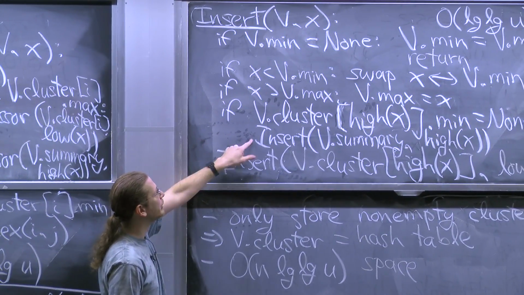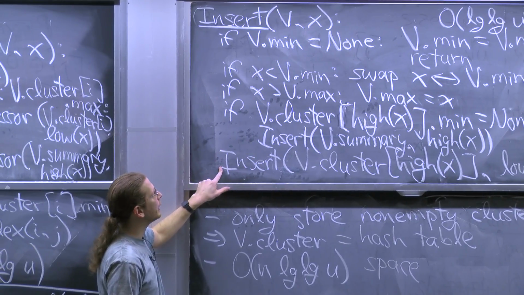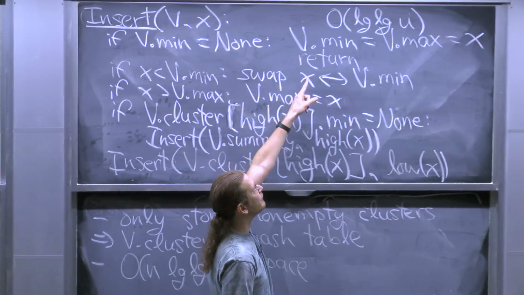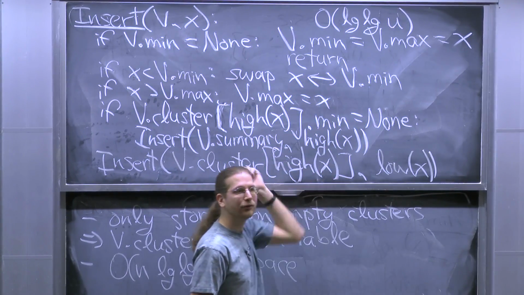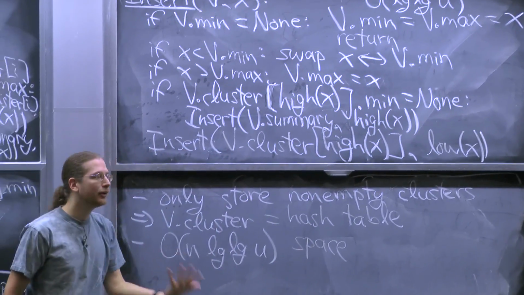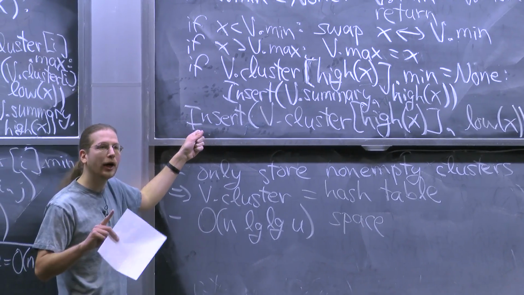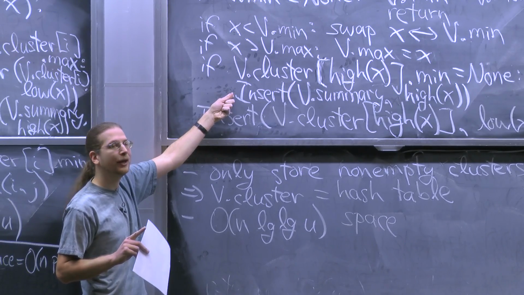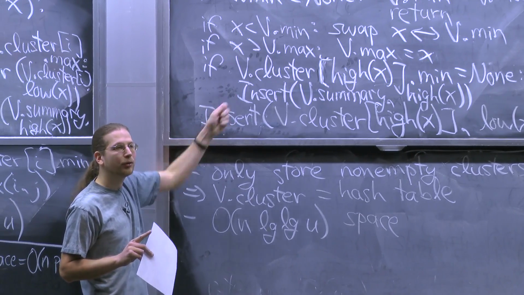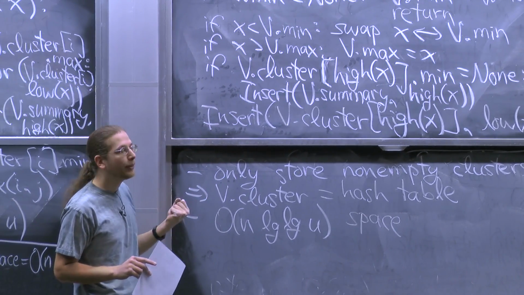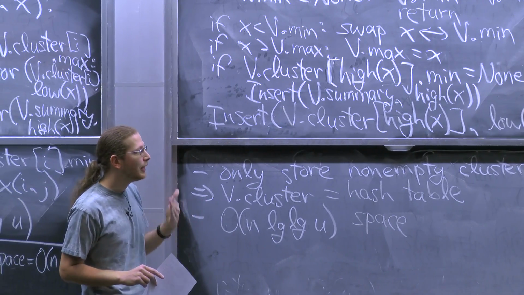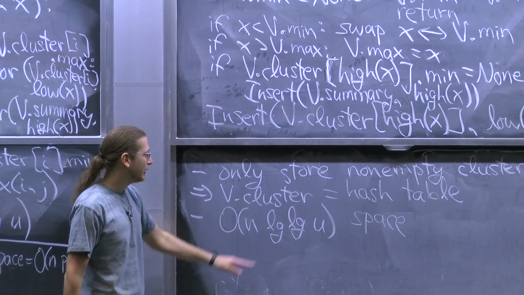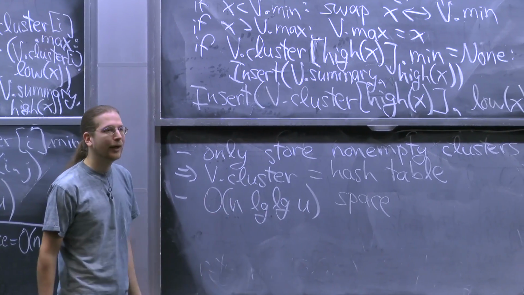When we do both of them, we insert here. This one happens to be free because it was empty, but we still pay for it. We set v.min equal to x. And so that structure went from empty to non-empty. So this costs 1. And then we recursively call insert on v.summary with high of x. So when we insert one item x, if lots of things were empty, actually log u structures become non-empty, and that's why you pay log u for each item you insert.